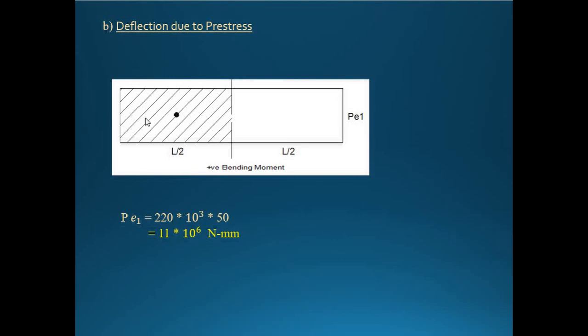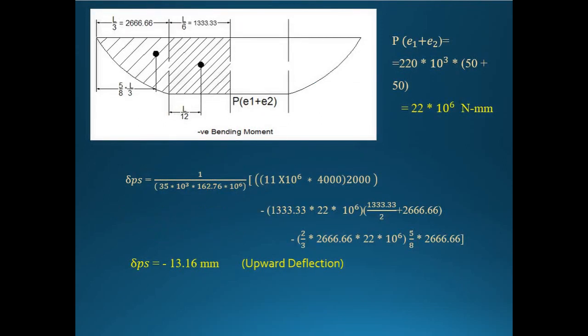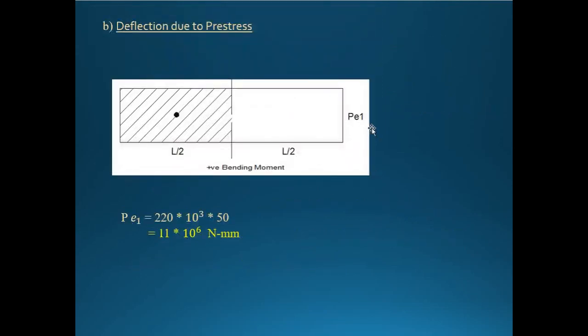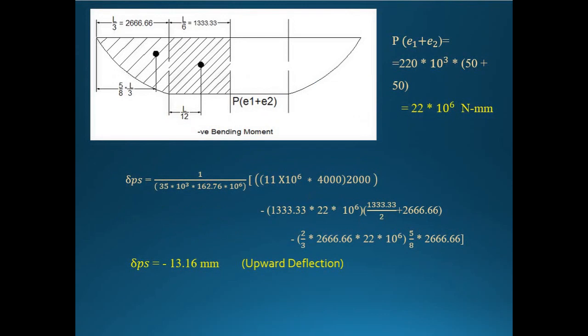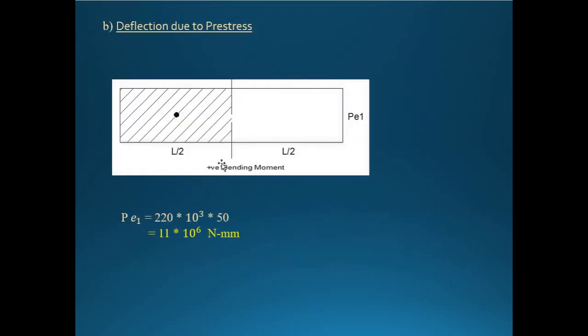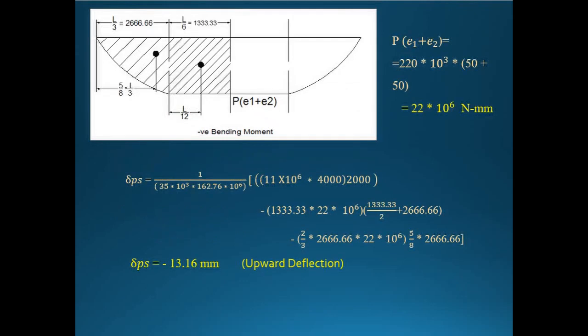It should be measured from the support, so it will be L by 2 by 2, that is L by 4, the centroidal distance from here to this point. That is how I have substituted in the formula. So see here, this is the area: PE1 is 11 into 10 power 6, into L by 2, into L by 4. The important thing is that it is a positive bending moment, so it is a positive value here.